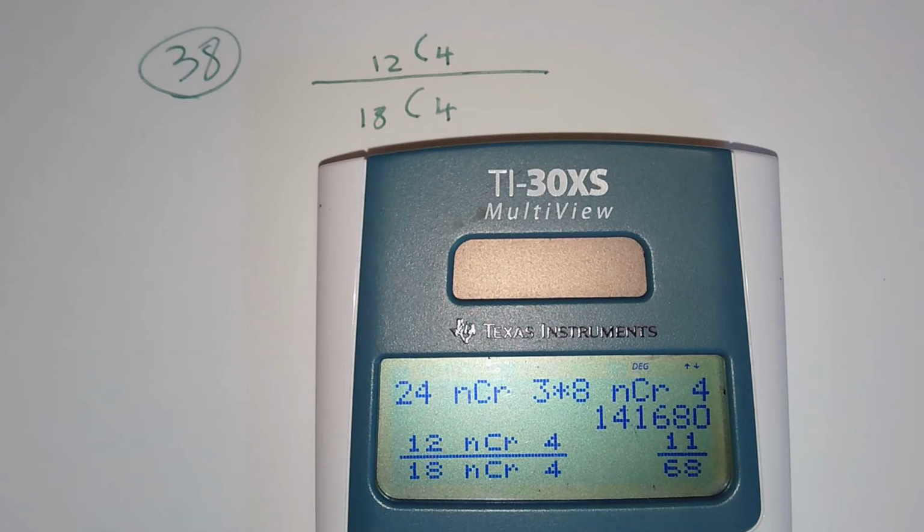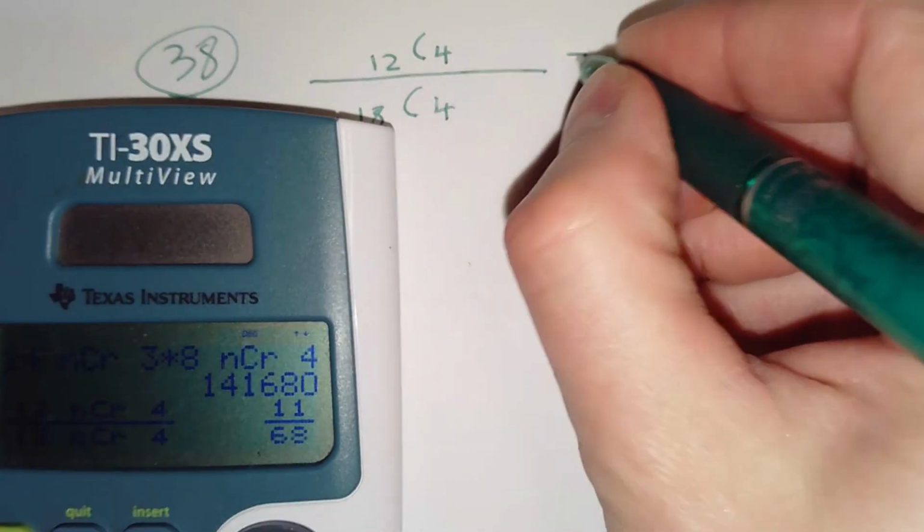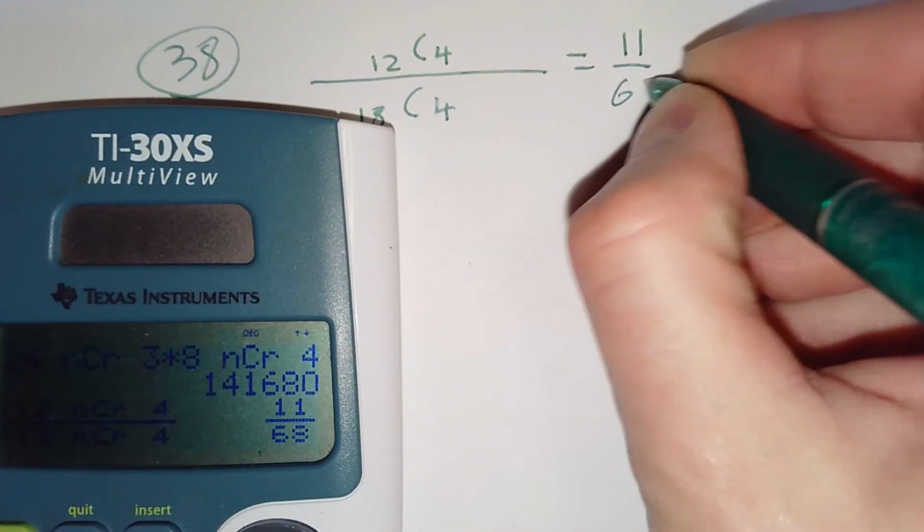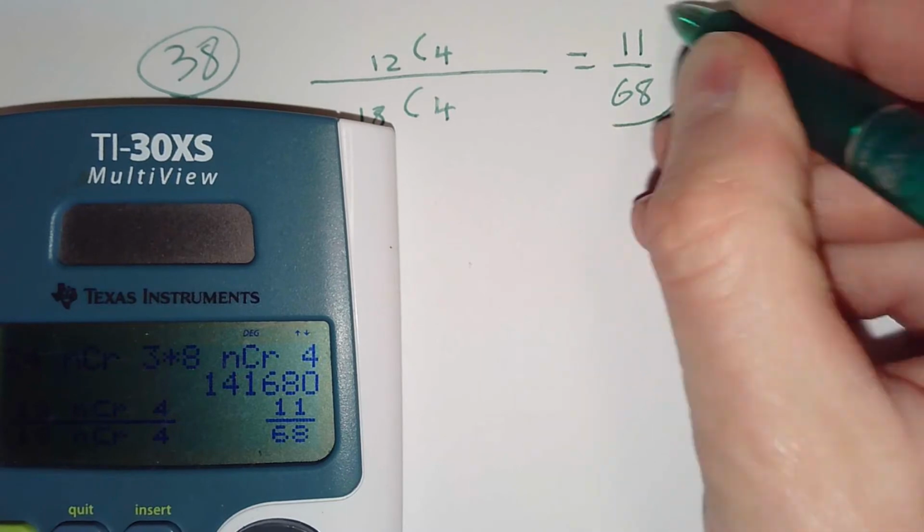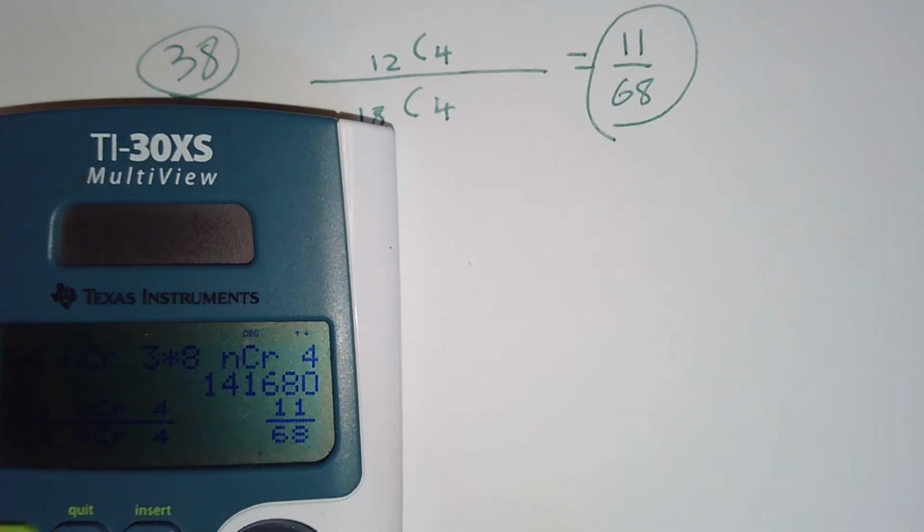And that gives us our probability. And again, if you need to, you can then convert it into a decimal and round off.